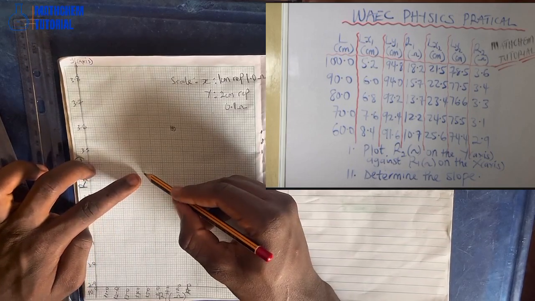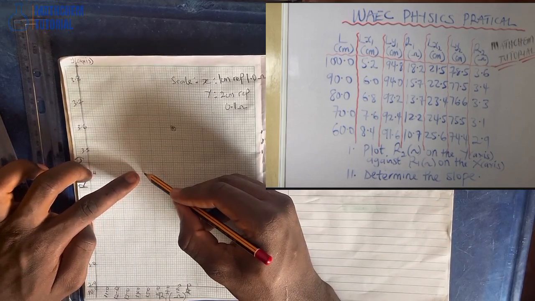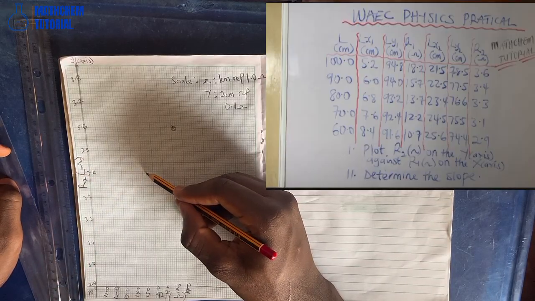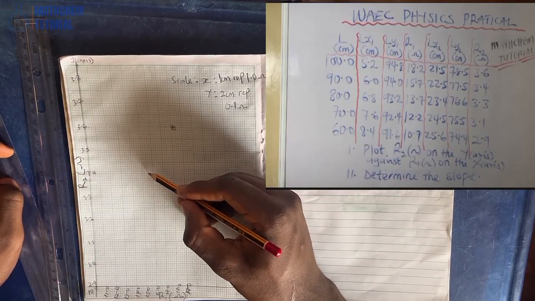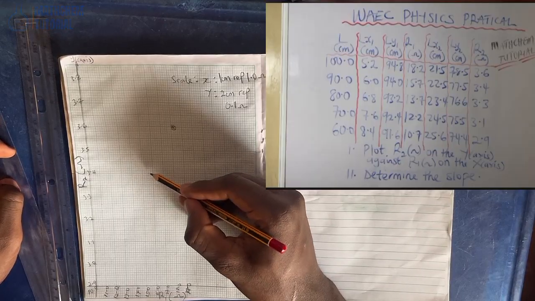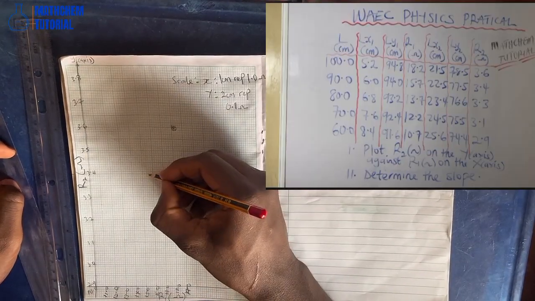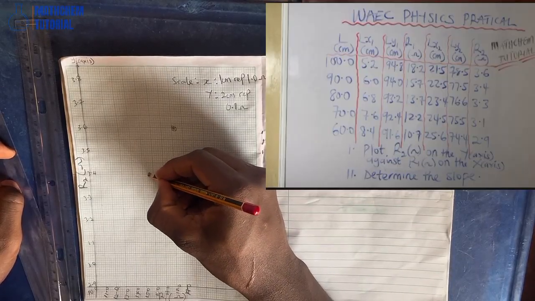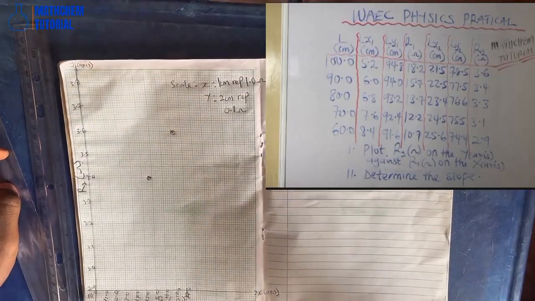This one is 15.2. Next one is 15.4, then 15.6. So 15.7 is in between this line and this line. So just put an asterisk in between those lines. That will give you your 15.7.